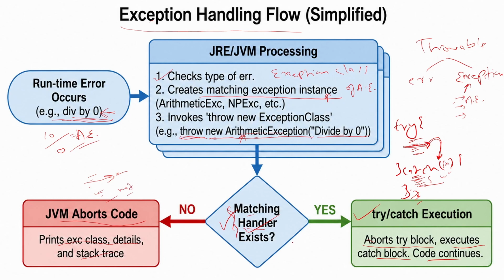So this is the difference between providing a handler and not. This is the whole exception handling flow, from getting the exception to handling it. And if you are not handling, the program will terminate and the remaining lines of code will not get executed.